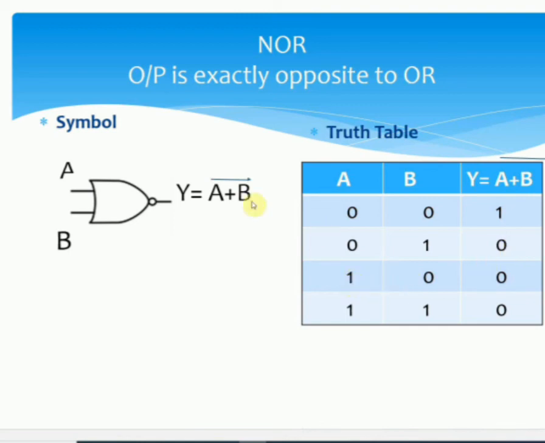Same is the third case. 1 plus 0 is equal to 1, but complement of 1 will give you 0. And the last case is when both A and B are 1, 1. So 1 plus 1 according to binary addition will result in 1, but again the complement of 1 will result in 0. So here for NOR gate we can say that the output is exactly opposite to that of the OR gate.